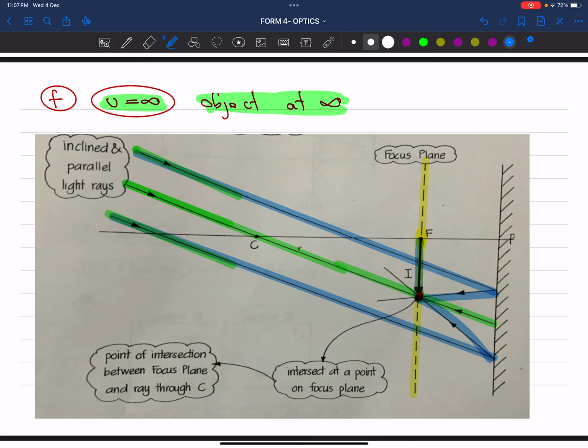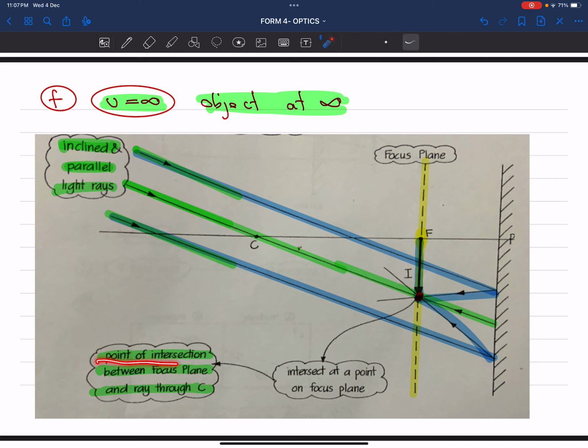So first of all, for object distance equal to infinity, where the object is at infinity, the first thing is that the light rays are inclined and parallel. Inclined parallel light rays, and all these light rays, the point of intersection is between the focal plane and the ray through C. This is very important.